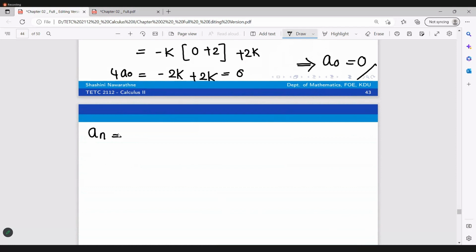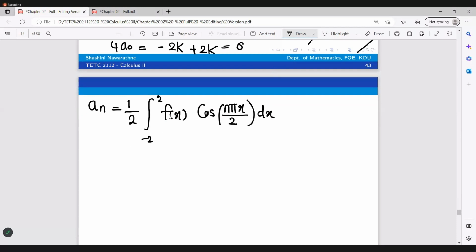Okay, tell me the expression to find a n. It's 1/2 times the integral from minus 2 to 2 of f of x cosine n pi x over 2 dx. Okay.